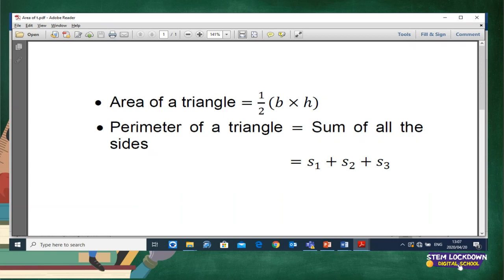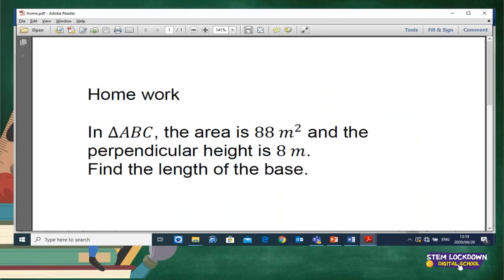So that will be half open bracket B times H. And of course, this should be enough to help you to find the missing side, which is the length of the base of the triangle. And that we can look at tomorrow when we meet again.